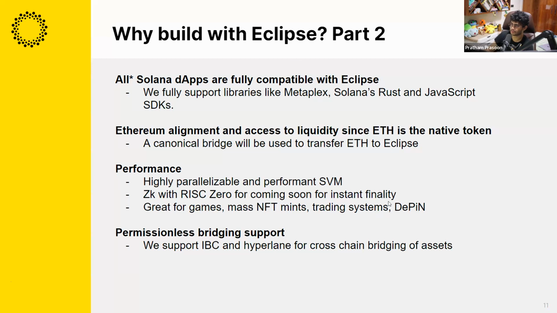It's also great for something called DePIN, which is this Solana thing that's like a bridge between the real world and using Web3 to build infrastructure in the real world. An example would be a telecom company that wants to build a 5G network in an area.